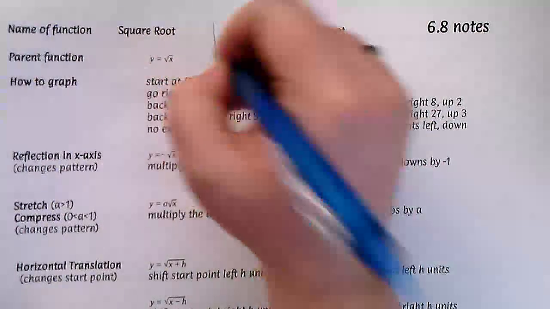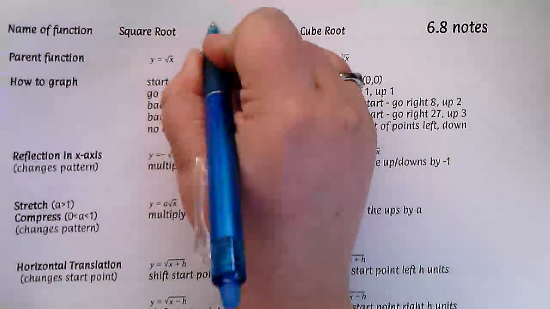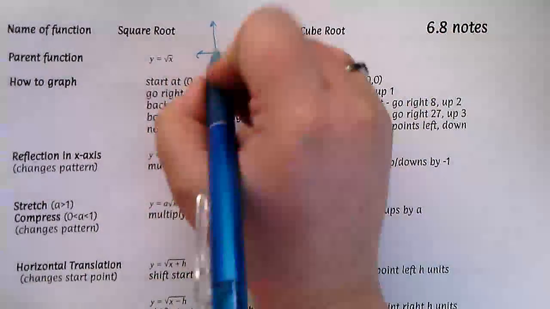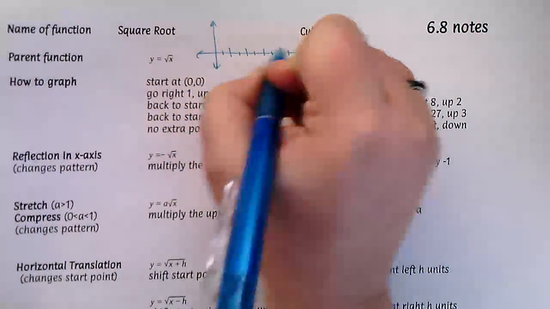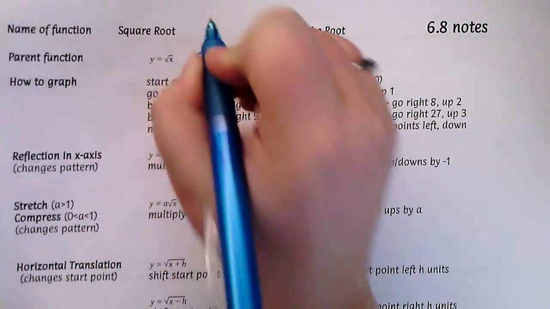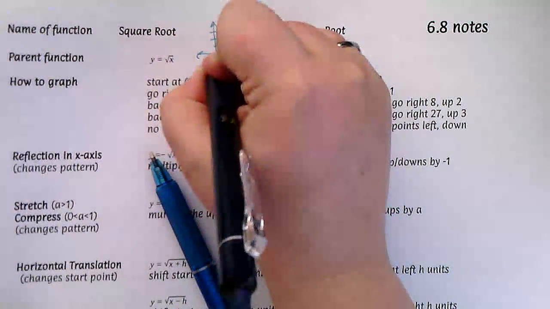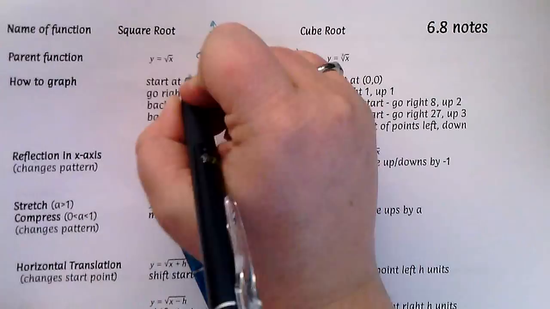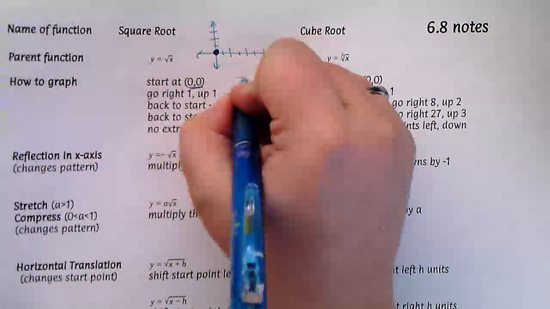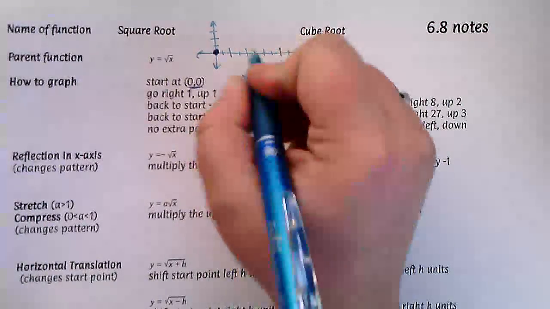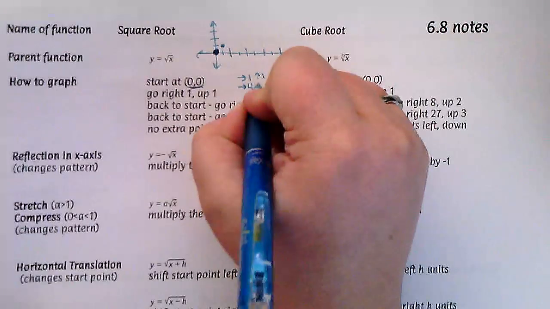So let me just show you. Let's sketch a little graph of this. We need to go right 9: 1, 2, 3, 4, 5, 6, 7, 8, 9, and up 1, 2, 3. My start point is 0, 0. Then I go right 1 up 1, right 4 up 2.